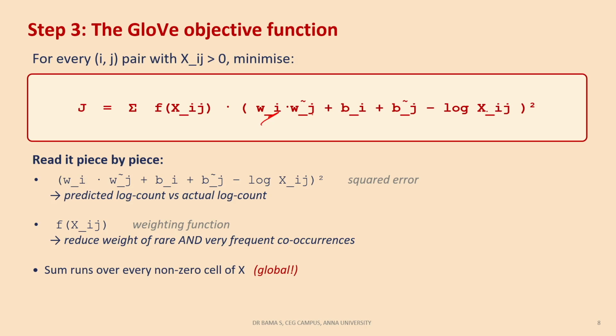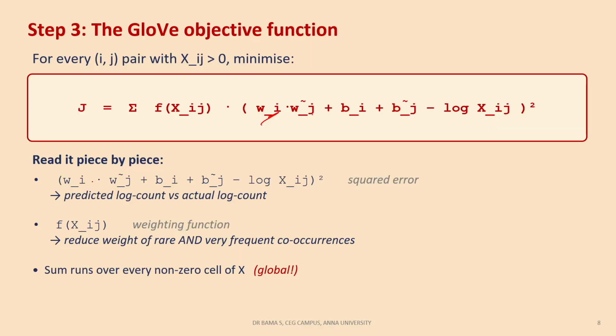This is taken exactly from the numbers in the matrix, and we are summing over the entire matrix structure, and we are squaring it. Why we are squaring is that sometimes we will have positive as well as negative values. So, in order to have only the error, we just take the squared error.